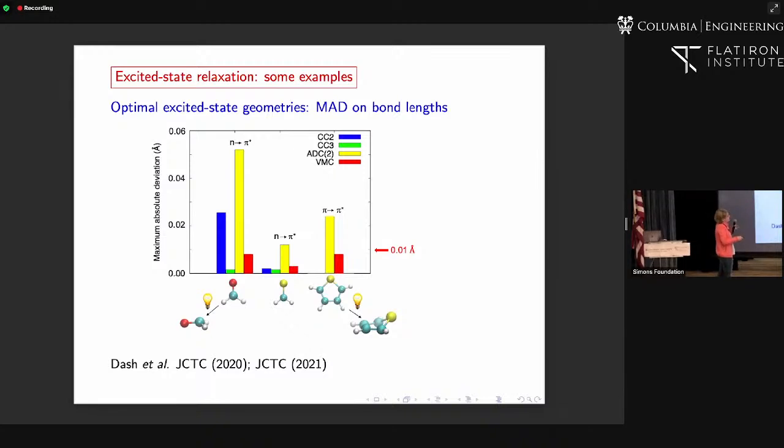That's the only one where I have all three values, and we are comparing with techniques which are often used in the literature to do photochemistry. Okay, like CC2, ADC2, and CC3 is of course more costly. Okay, so variational Monte Carlo is the red, and we are always less than an absolute deviation of 0.01 angstrom, which I think is quite accurate.